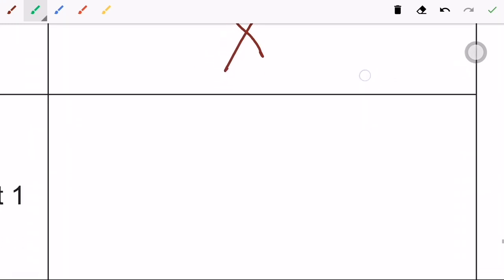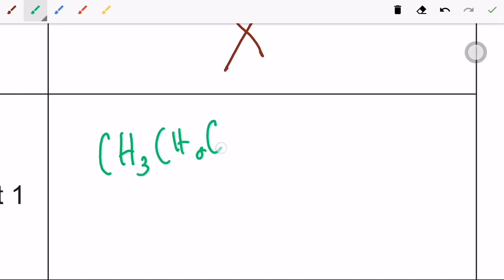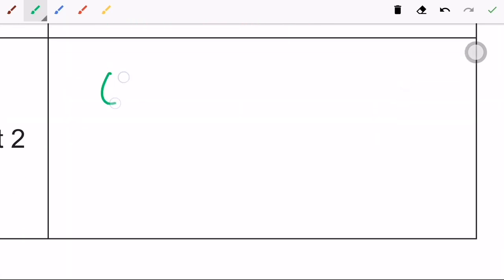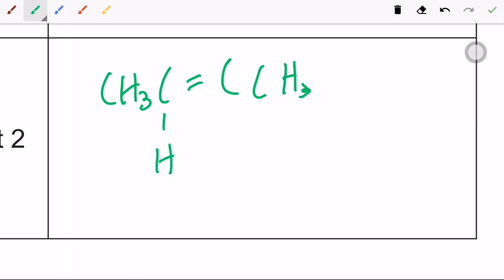So the products are CH3CH2CH=CH2, with a double bond, and another product, CH3CH=CHCH3, with another double bond. Each gets a mark.